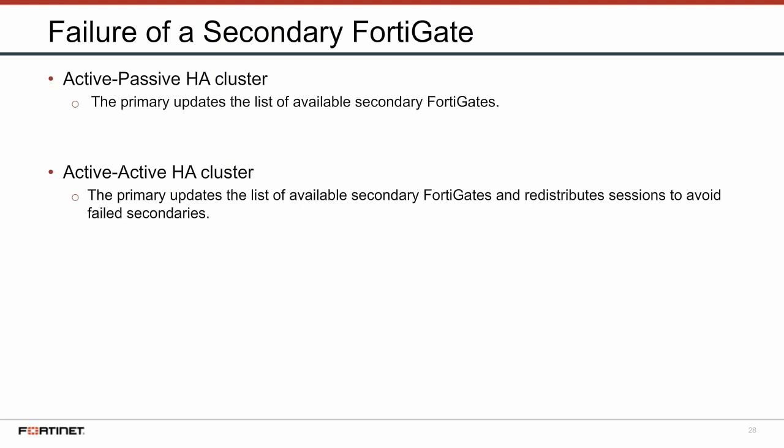However, in an active-active cluster, all secondaries are handling traffic. So the primary, which tracks and assigns sessions to each secondary, must not only update its list of available secondary FortiGates, it must also reassign sessions from the failed FortiGate device to a different secondary FortiGate.